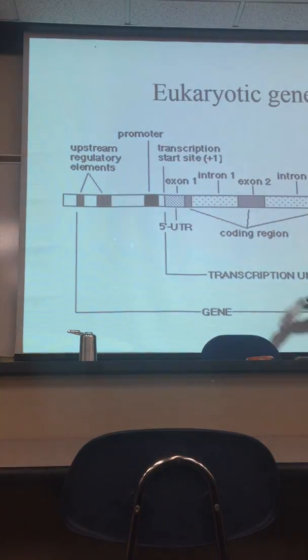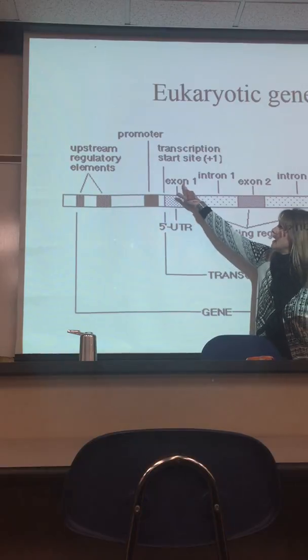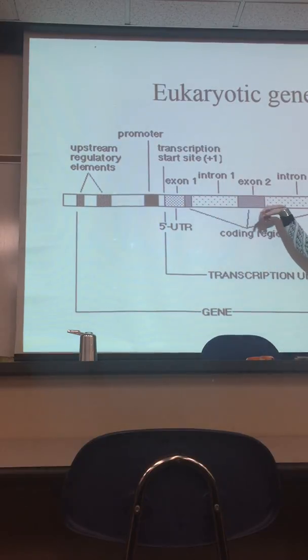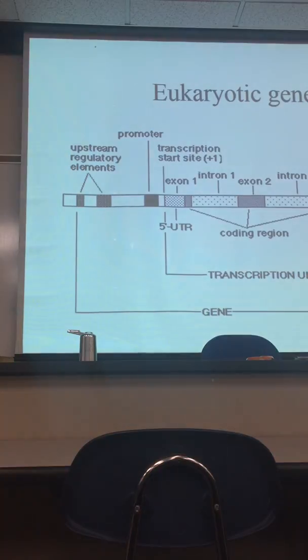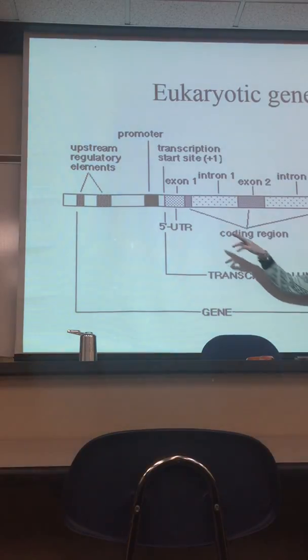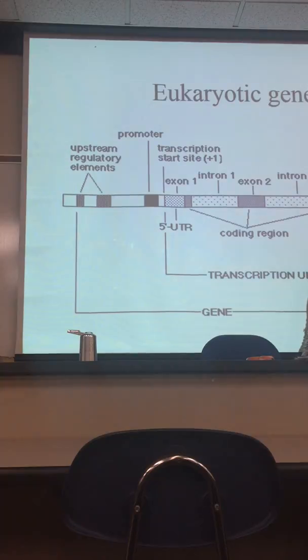Now, you'll notice here that we have, there's our start site, exon, intron, exon, intron, exon, termination sequence. Not every one of these segments is a gene that's coding. What gets cut out? The introns. Introns. So they're in between the exons, which will exit the nucleus.